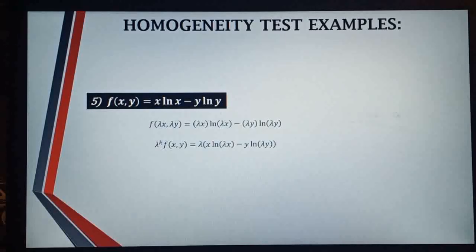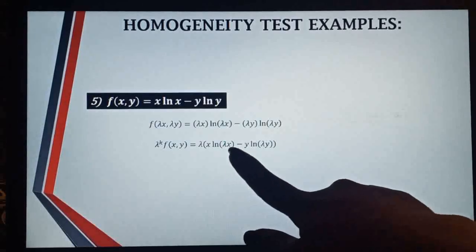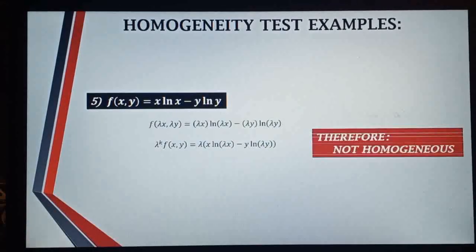Factoring out your lambda, kaya lang may natirang lambda sa loob ni ln, hindi mo mapapalabas yung original equation, which is the x ln x minus y ln y. So therefore, this is not homogeneous.